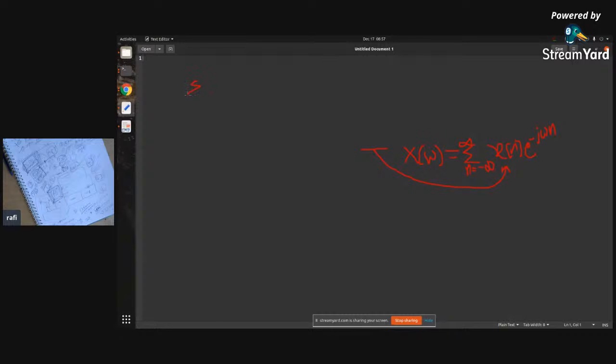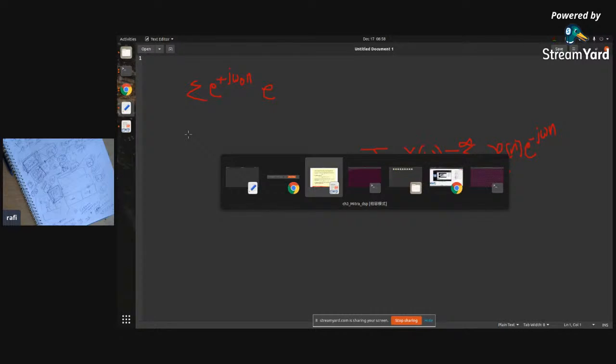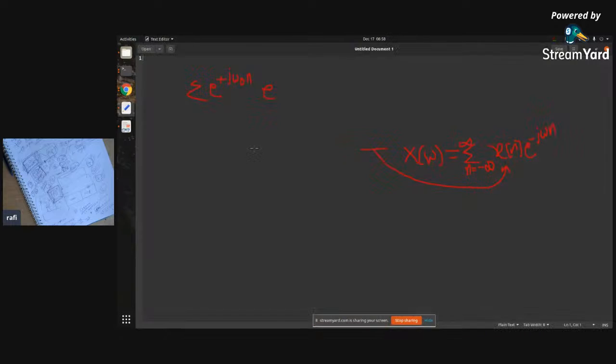So when you substitute here, we have summation e power j omega naught n into e power minus j omega n. Here n is varying from minus infinity to infinity, I am not writing that.